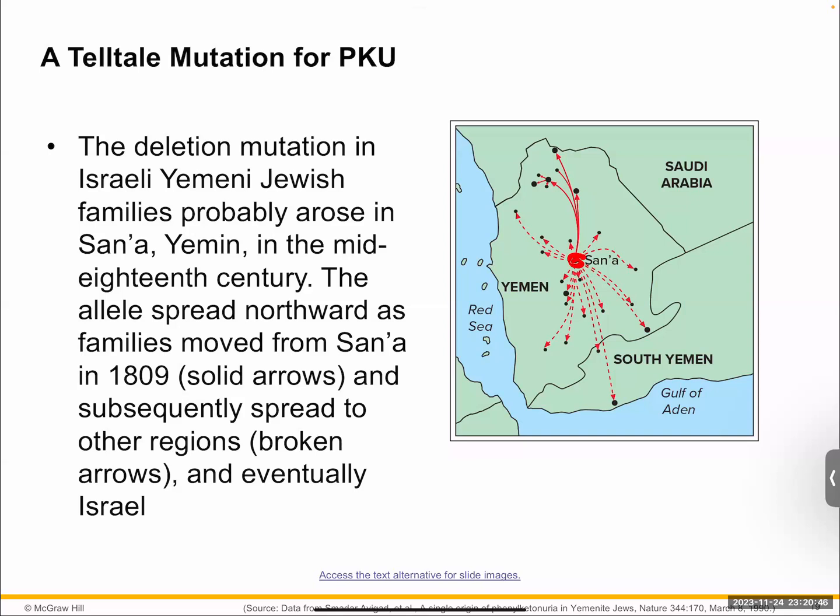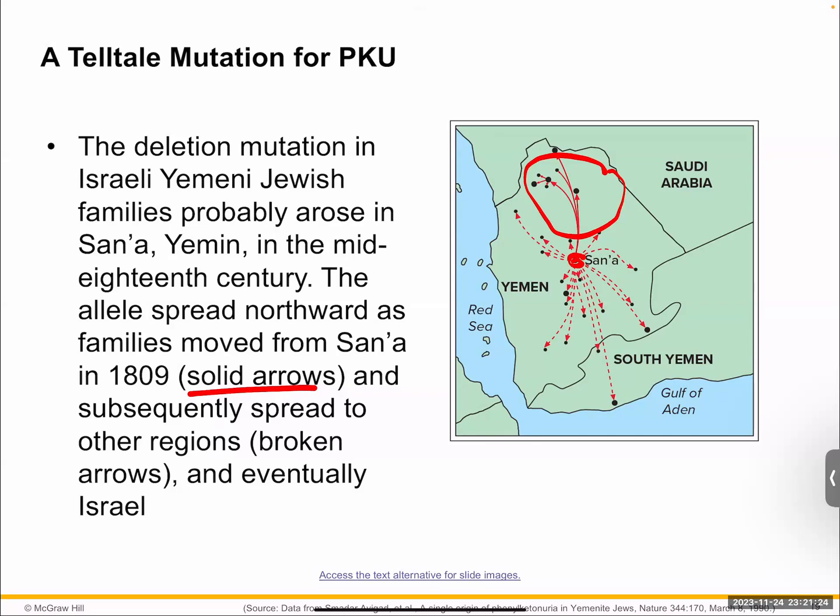And these alleles spread northward, going upward towards Saudi Arabia, and these are represented by the solid arrows, by the way. So these are the arrows you see right here. Then, as time passes, they spread, eventually going more southward and westward, and eventually reaching Israel, affecting the population of the Jews in Israel.